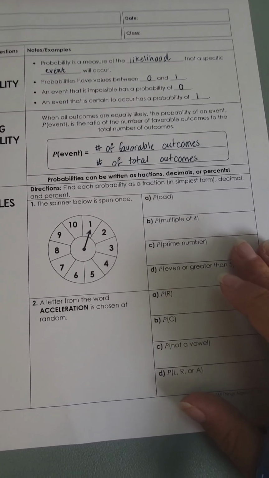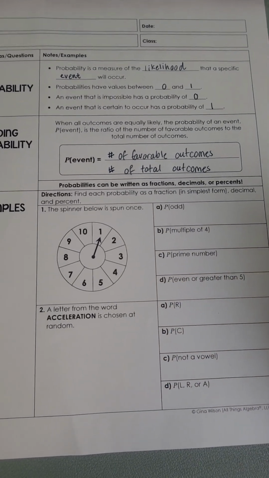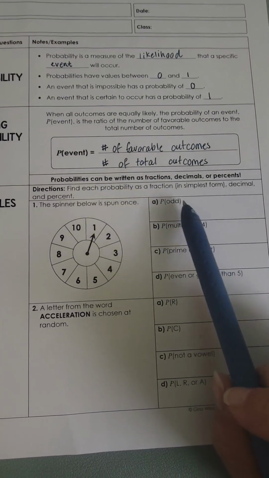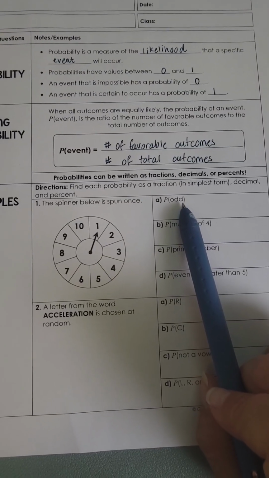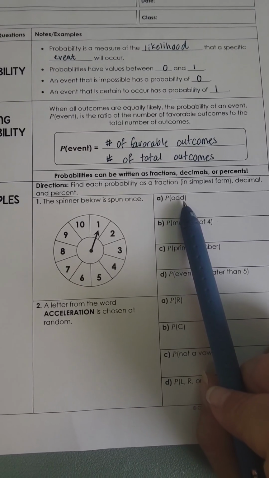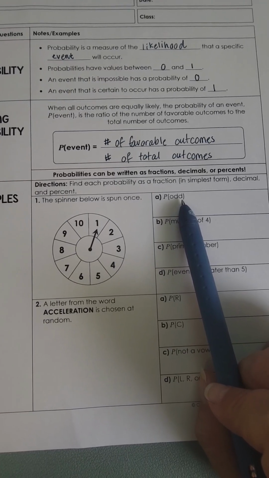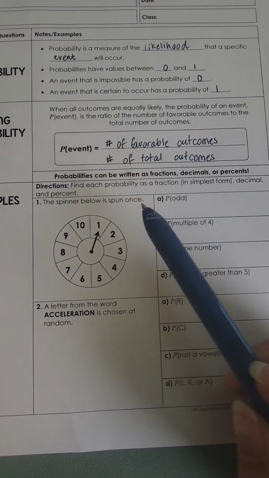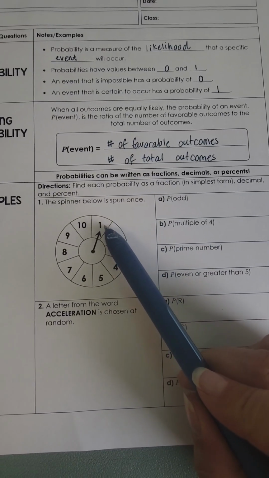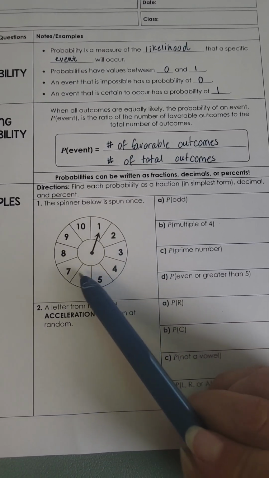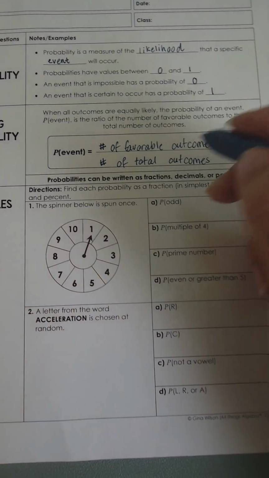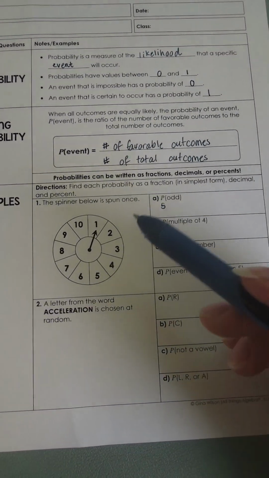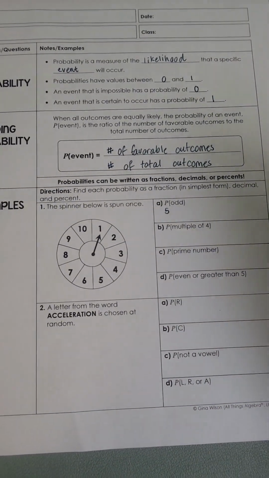So, for example, we have a spinner here, and it's spun once. I want to know my probability of getting an odd number. So my favorable outcomes are all odd numbers. How many of those do I have? I have 1, 3, 5, 7, and 9. So there are 5 possible numbers. But how many total outcomes could there be?